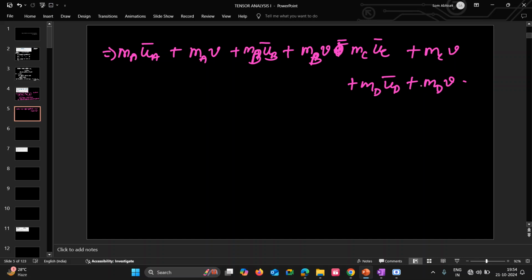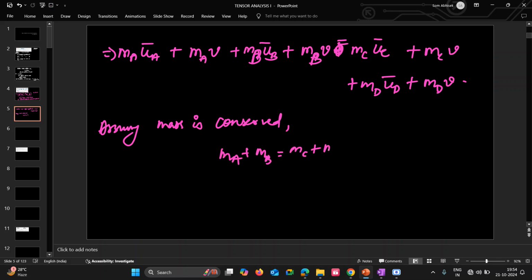So suppose mass is also conserved in the equation. If mass is conserved, Ma plus Mb is equal to Mc plus Md.